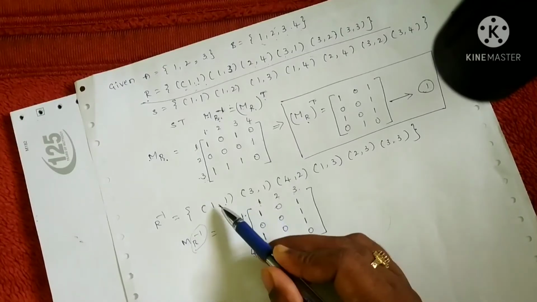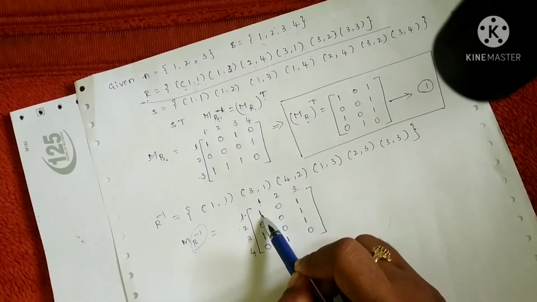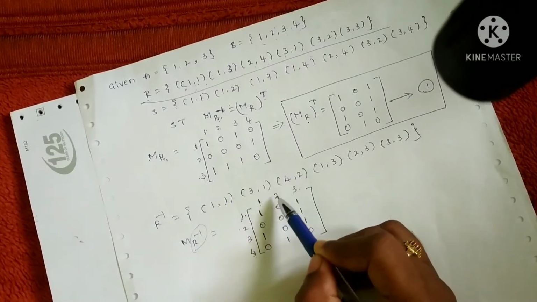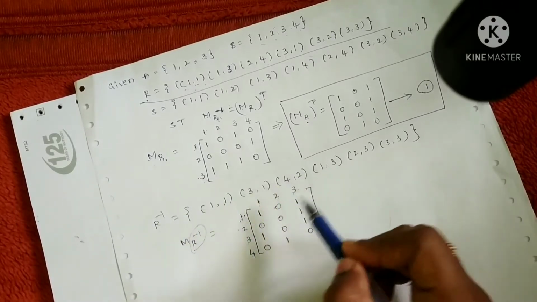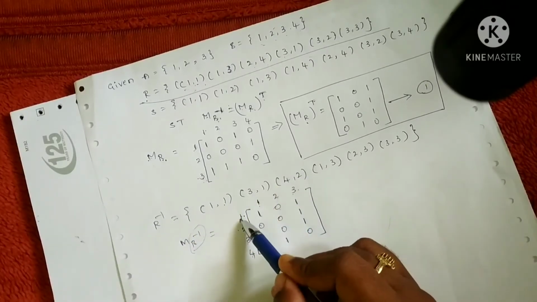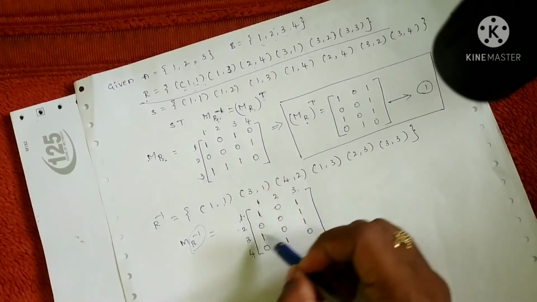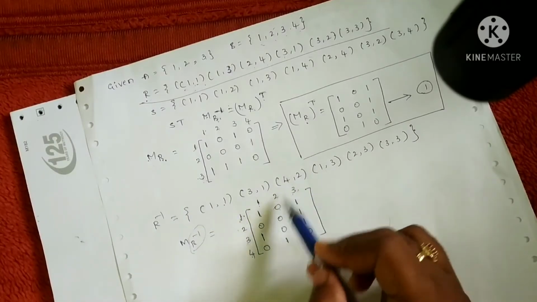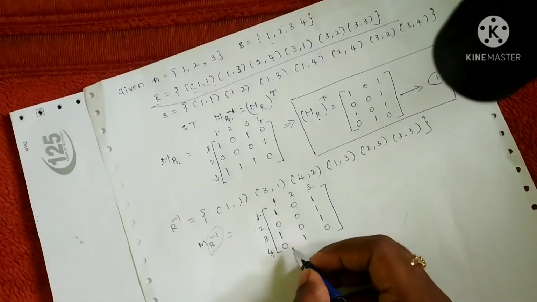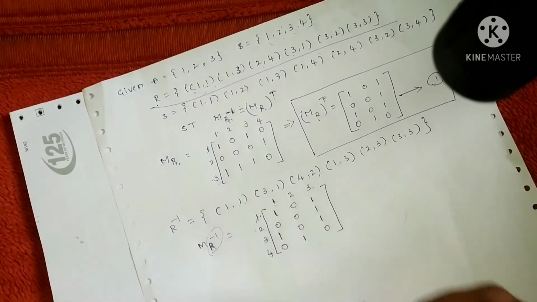Since I have the element (1, 1) in R inverse, I have written 1. Since I don't have the element (1, 2) in R inverse, I have written 0. For 1 3, I have the element (1, 3) in R inverse, so I have written 1. I have done the same procedure for all the existing pairs. Fine, I have obtained MR inverse.